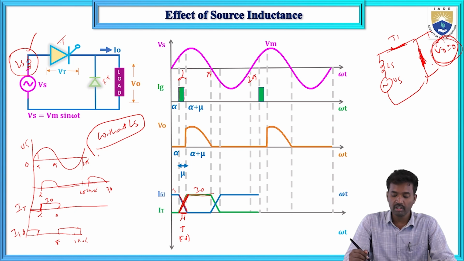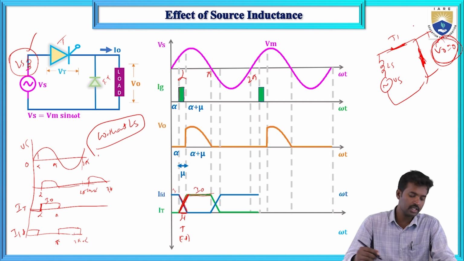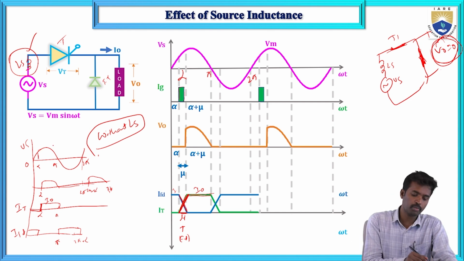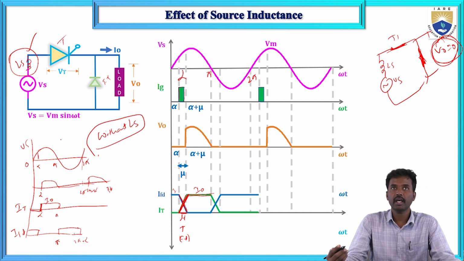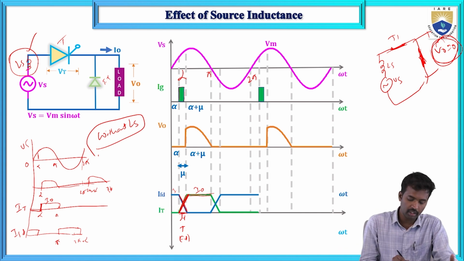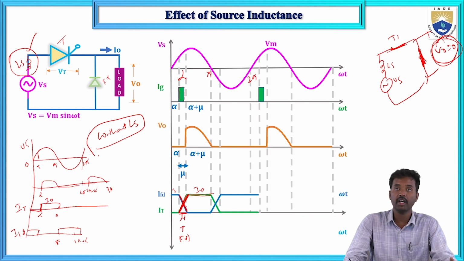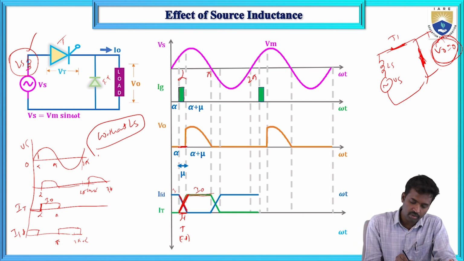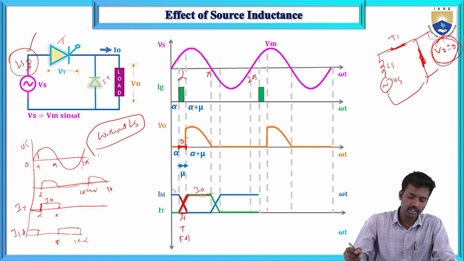In the case without source inductance, the output follows the supply voltage, either the thyristor conducts or the diode conducts. But during this overlap angle mu, the SCR is conducting and the freewheeling diode is conducting, so the output voltage is 0.